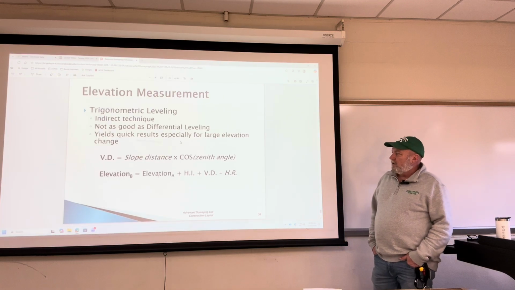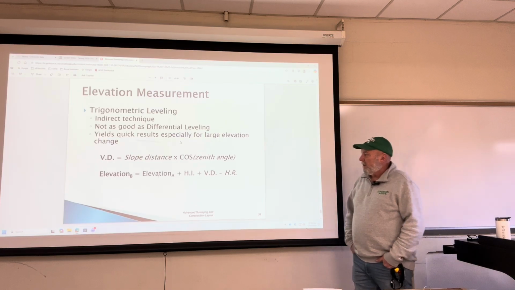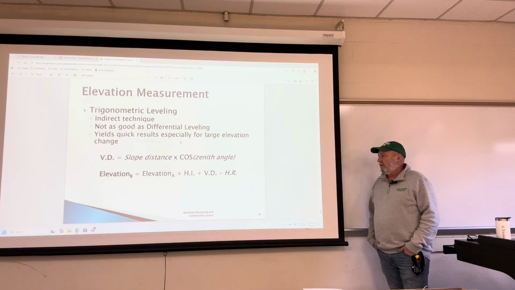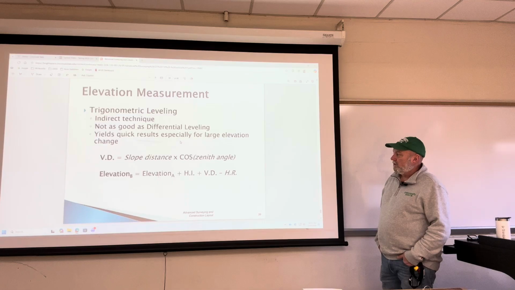Your vertical distance is equal to the slope distance times the cosine of your zenith angle. So your elevation is going to be elevation A plus your HI plus your vertical distance minus your HR, the rod height.